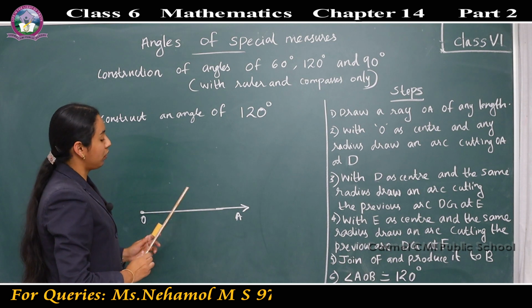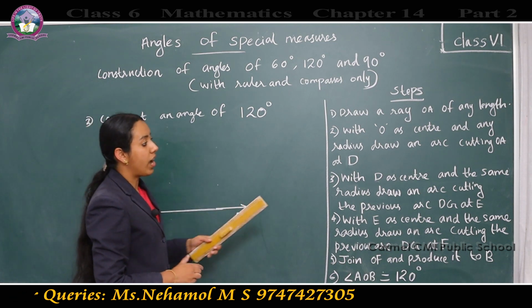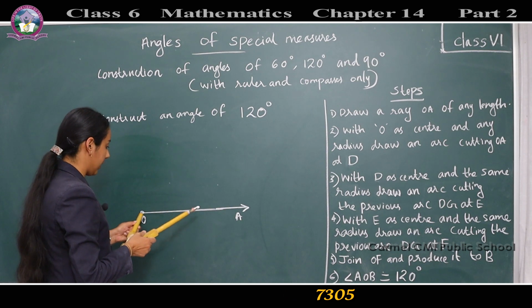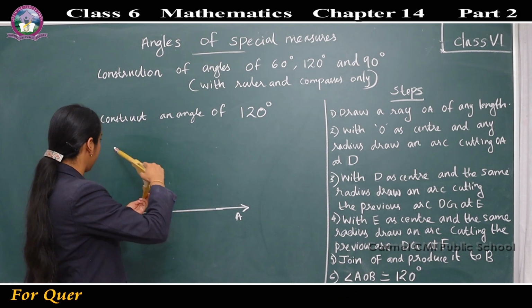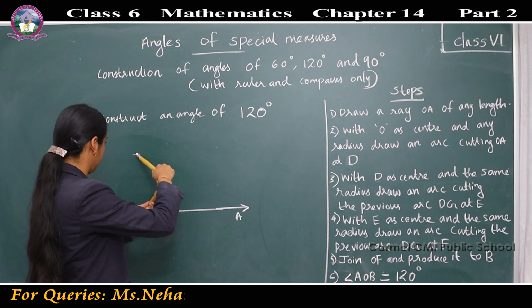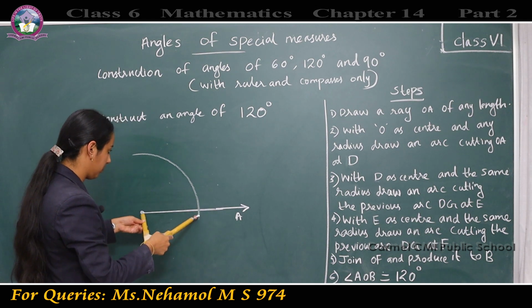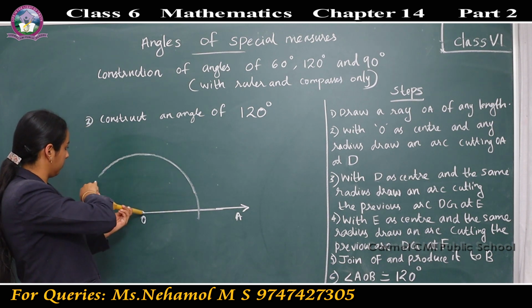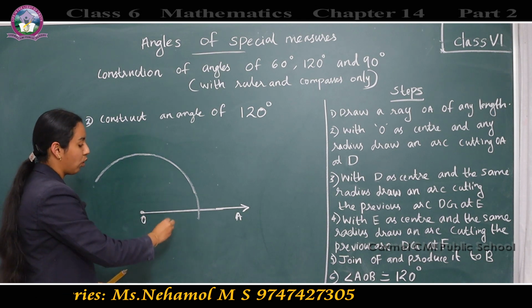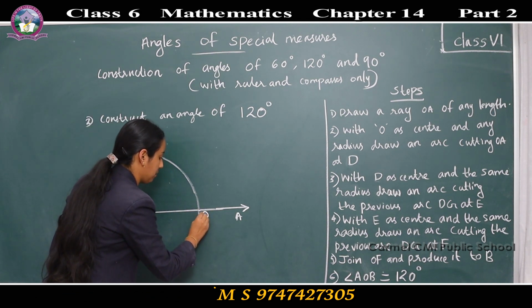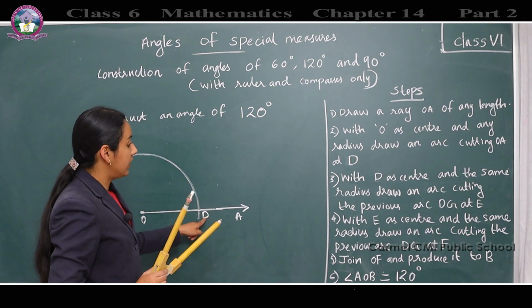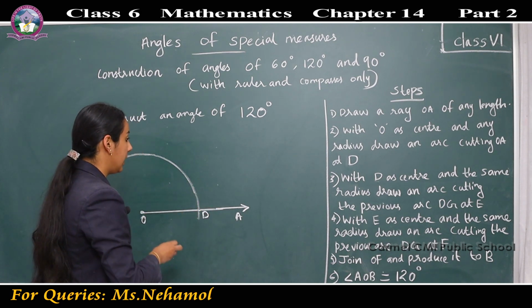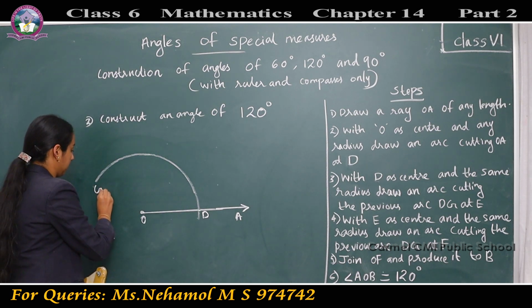Then with O as center and any radius, draw an arc cutting OA at D. This arc cuts OA at D. Let this point be D.